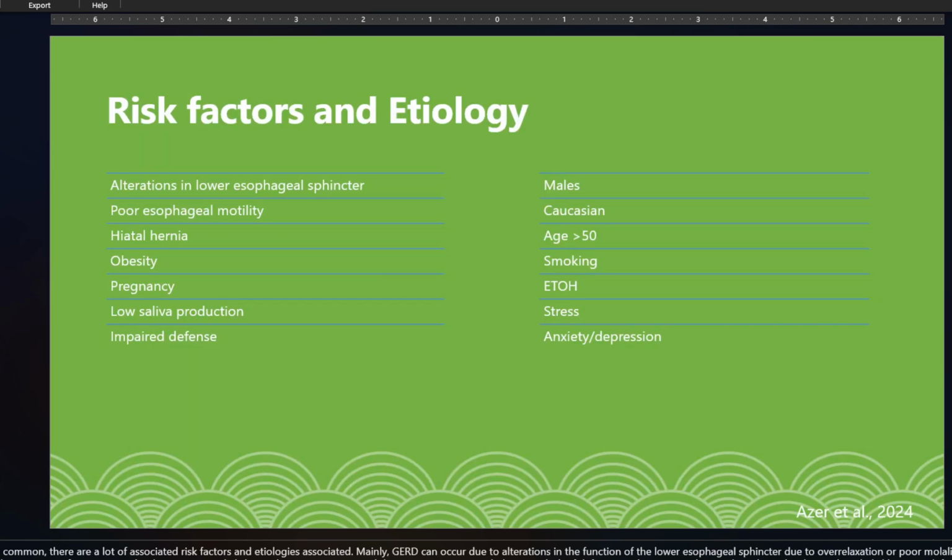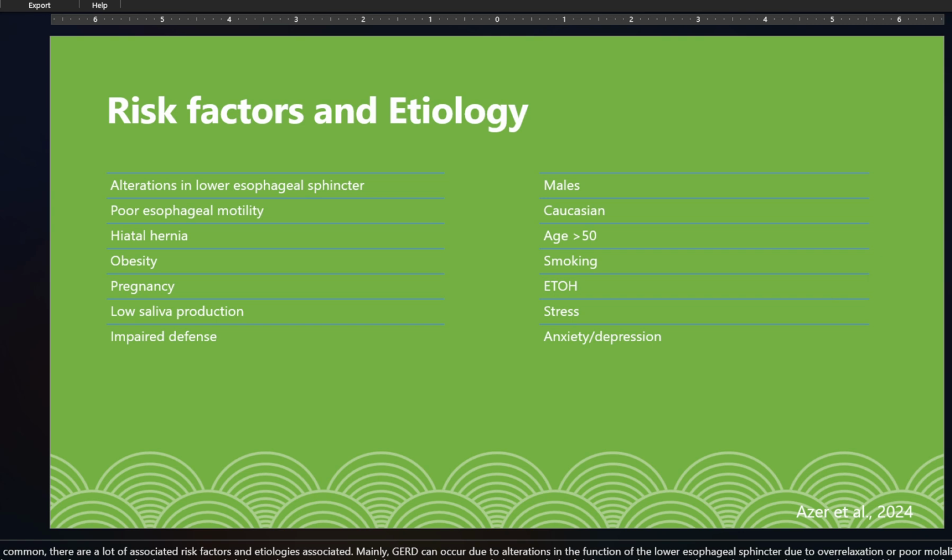Because GERD is very common, there are a lot of associated risk factors and etiologies. Mainly, GERD can occur due to alterations in the function of the lower esophageal sphincter due to over-relaxation or poor motility and inability to contain stomach contents.